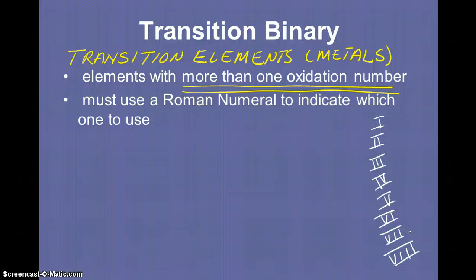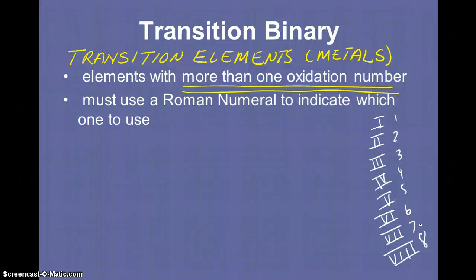To my surprise, many of you are not familiar with Roman numerals, but from here on out, you need to know them. You do have to have these memorized. I will not be giving them to you. So you need to know all of these listed here: 1, 2, 3, 4, 5, 6, 7, and 8. Whether you make flashcards or however you go about it, you do need to know them.